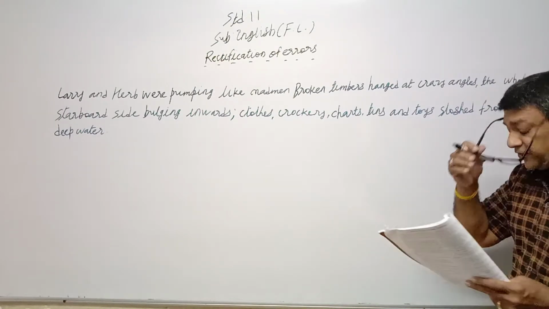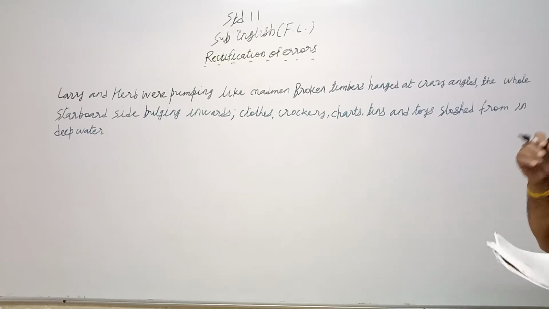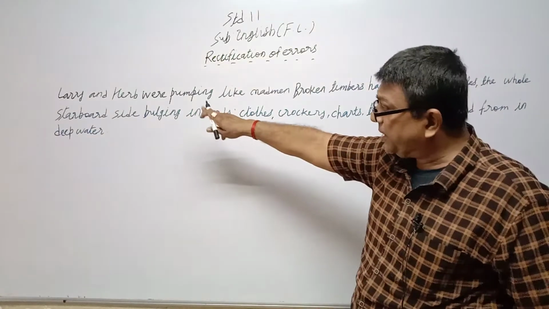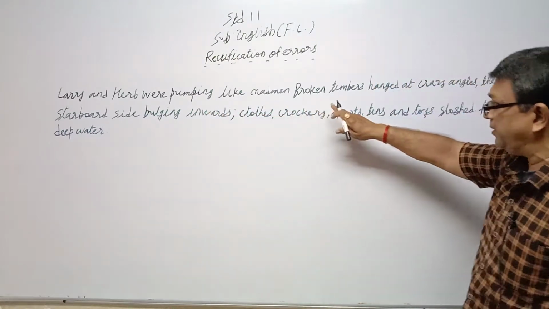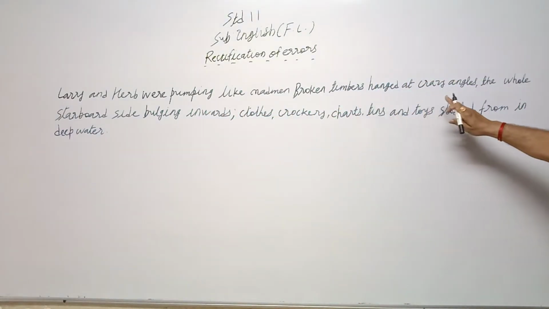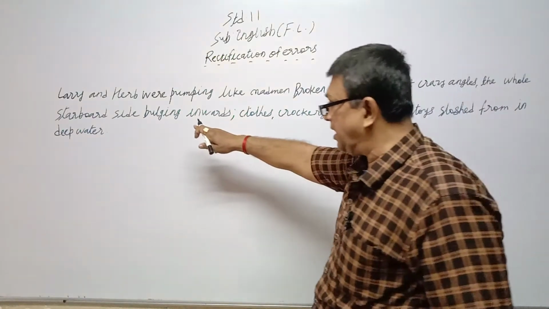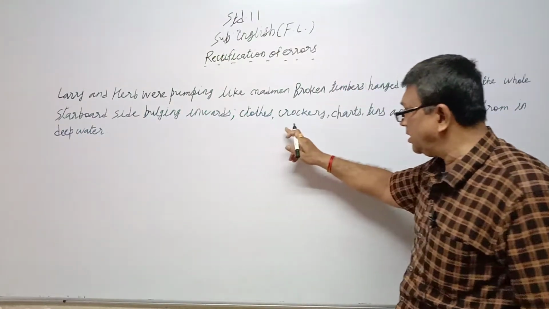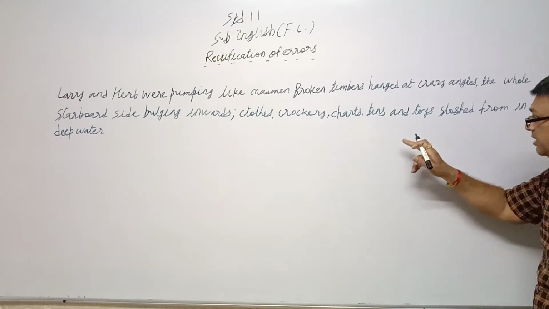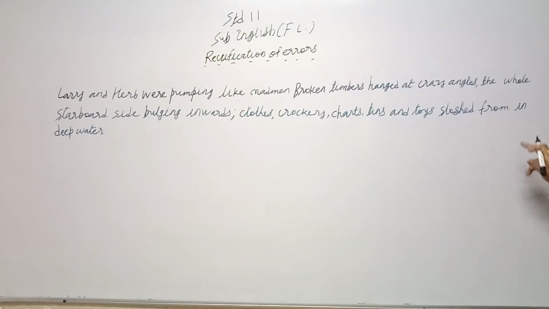There are three errors here. Larry and Herb were pumping like madmen. Broken timbers hanged at crazy angles. The whole starboard side bulging inwards. Cloths, crockery, charts, tins, and toys sluiced from in deep water. You have to find out where the errors are.